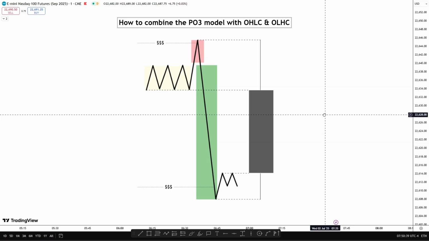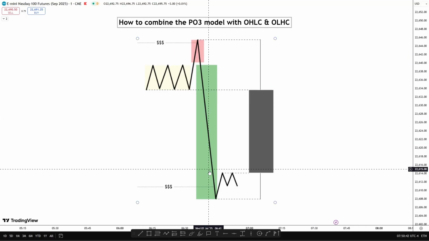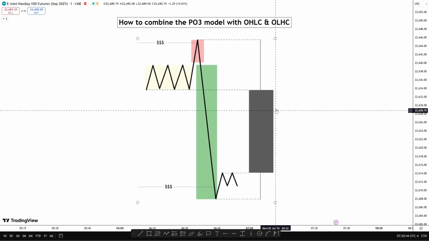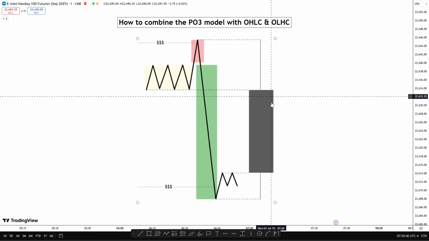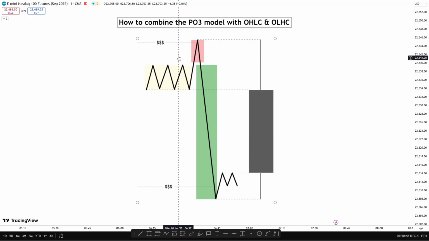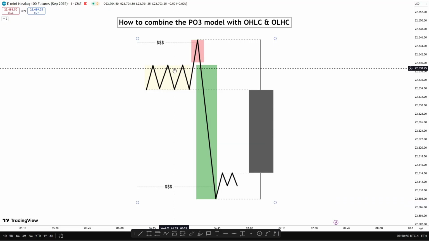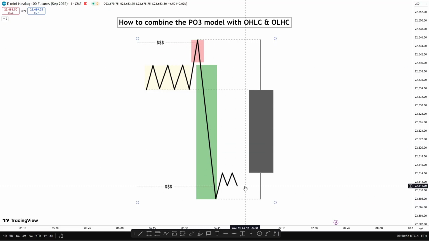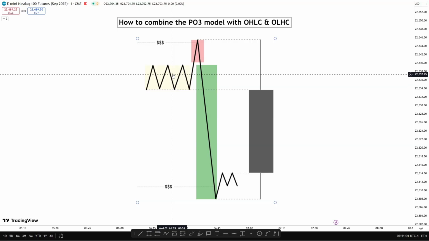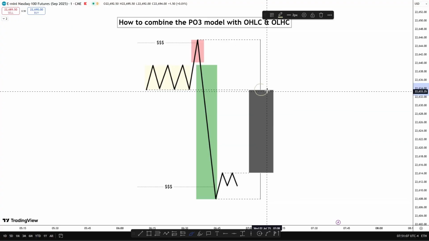As you can see right here, we have our AMD model, and that aligns with our higher time frame candle. For more context, this higher time frame candle is going to be the 4 hour, and the lower time frame market structure you see here will be the 5 minute. Notice here with our accumulation zone, this is the open of the new 4 hour candle right here.